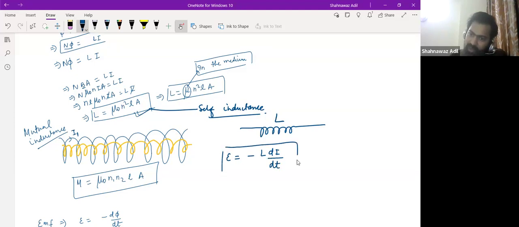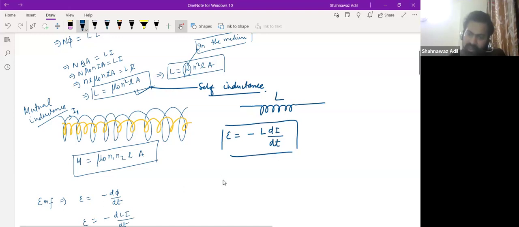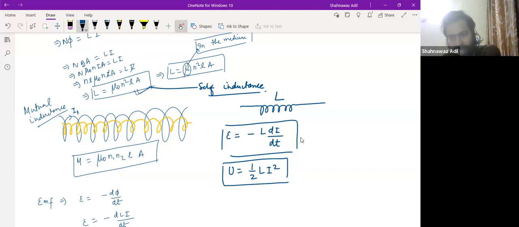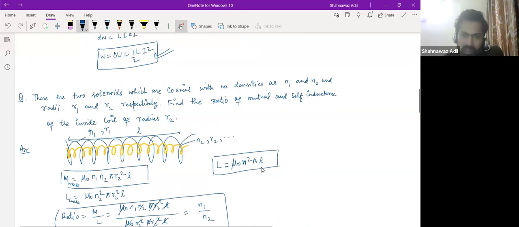And the energy of this inductor, U, is simply half L i square. Only these two would be enough to solve all those things. So you have self-inductance, mutual inductance, the EMF of the self-inductor and the energy of this inductor. These things you have to remember.